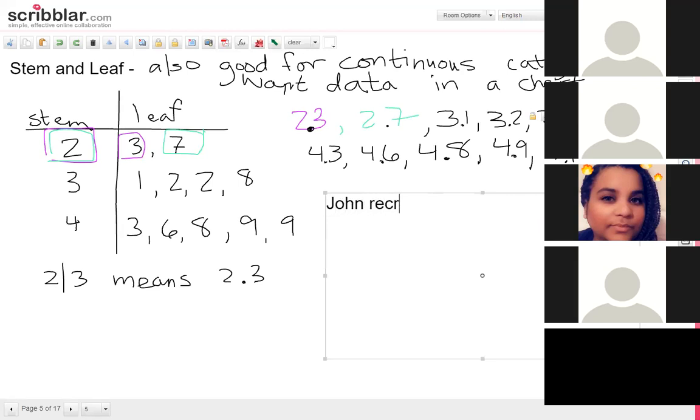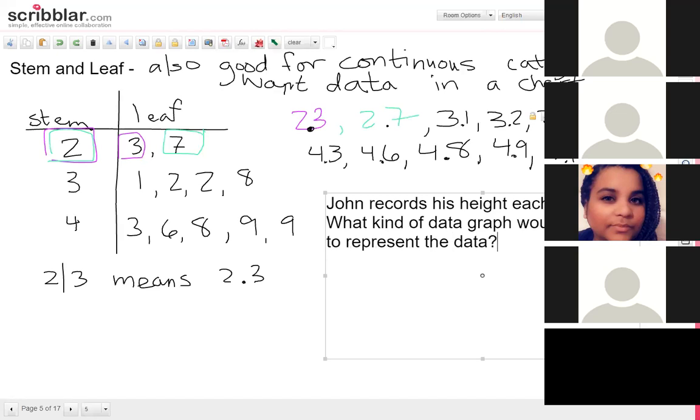John records his height each year. What kind of data graph would be best to represent the data? It'll say something like this, and then it'll give you options.